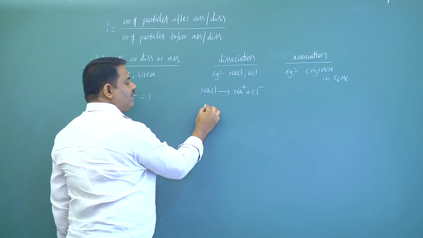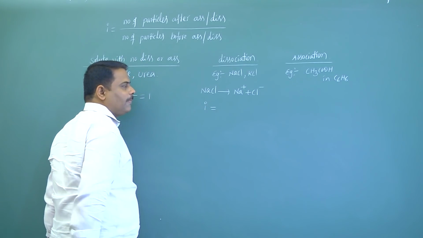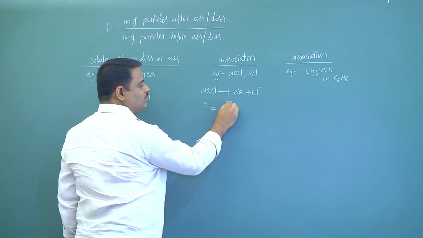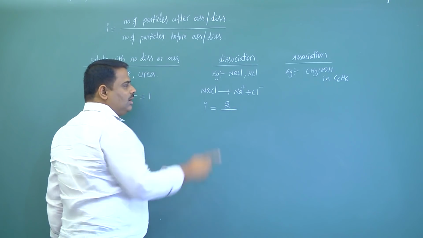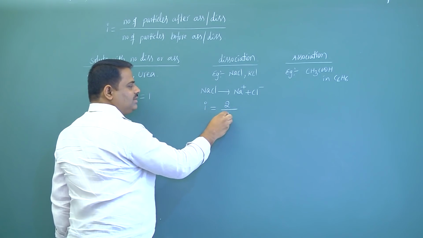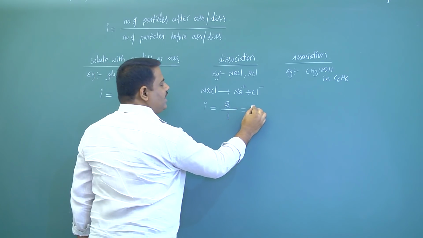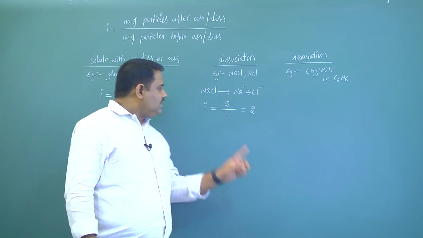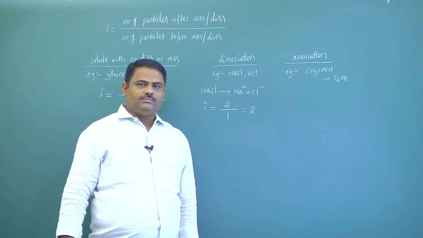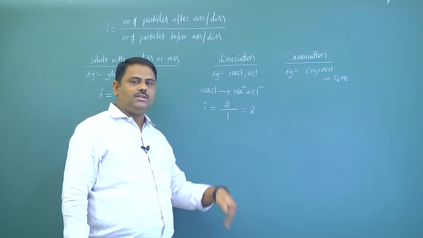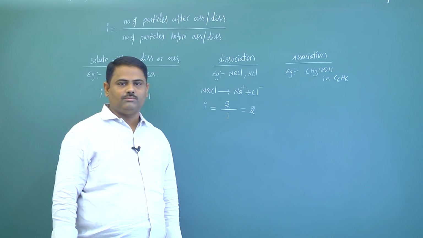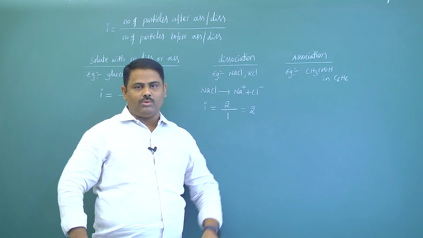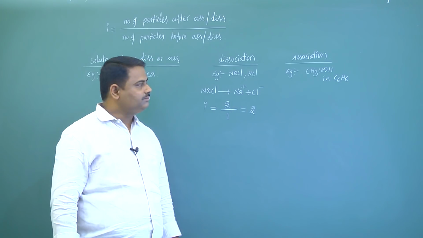Now what is the Van't Hoff factor i? The number of particles after dissociation is 2, the number of particles before dissociation is 1, that's why the i value is 2 here. As the i value increases, the value of the colligative property also increases.